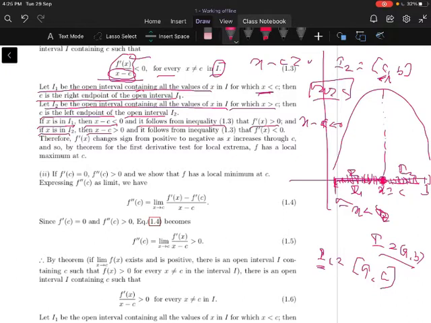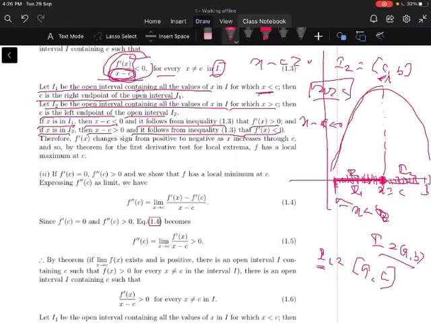C is on the left side of the interval, so c, when compared to x values, is a lesser value. So x minus c is positive. If this is positive, what is f dash of x? f dash of x must be negative. Then only the whole term becomes negative. Therefore, f dash of x must be negative.